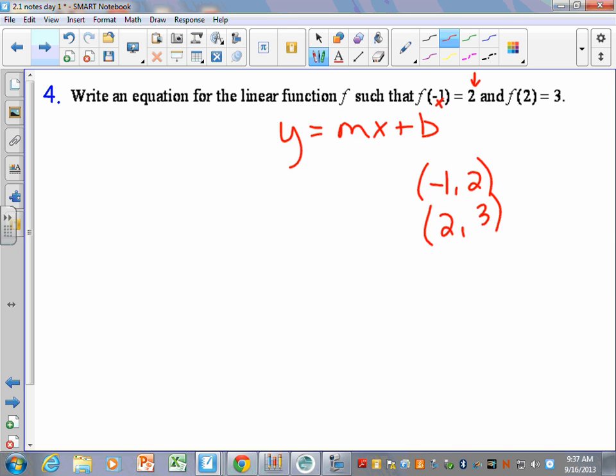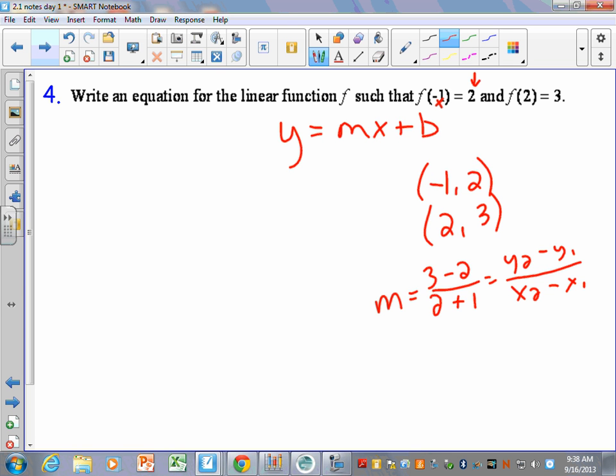So these are my points. We should be able to write an equation. We do need slope. How do we find slope if we're given 2 points? Rise over run. Y is on the top, x is on the bottom, so 3 minus 2 over 2 minus negative 1.